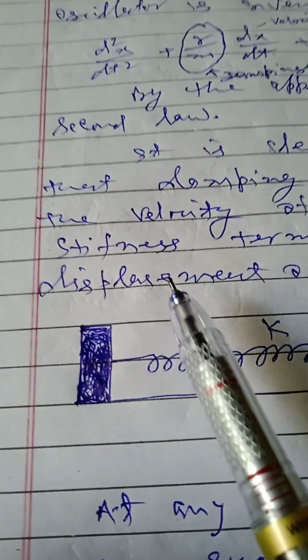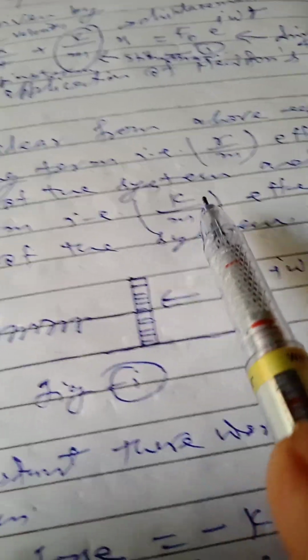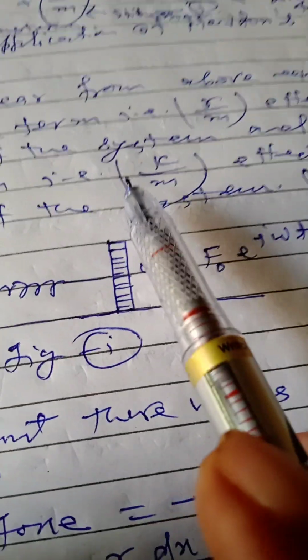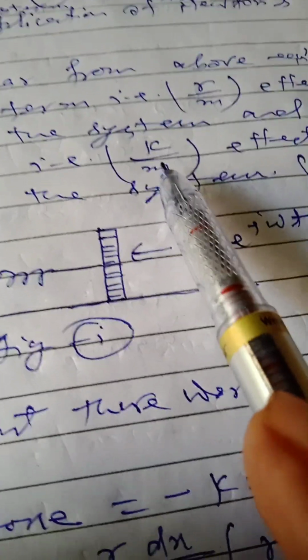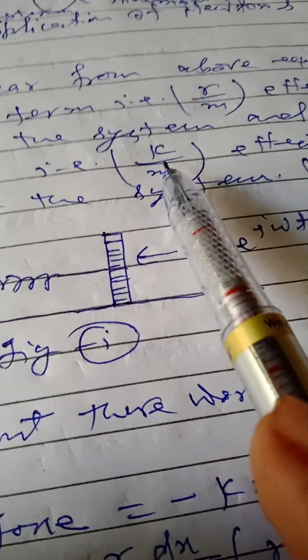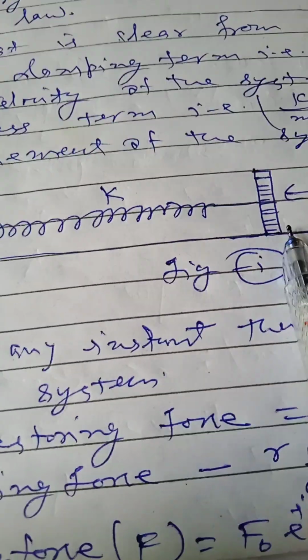It is clear from the equation that the damping term r by m affects the velocity of the system and the stiffness term, that is k by m, affects the displacement of the system. Here we are denoting k by m for the spring constant or stiffness constant.